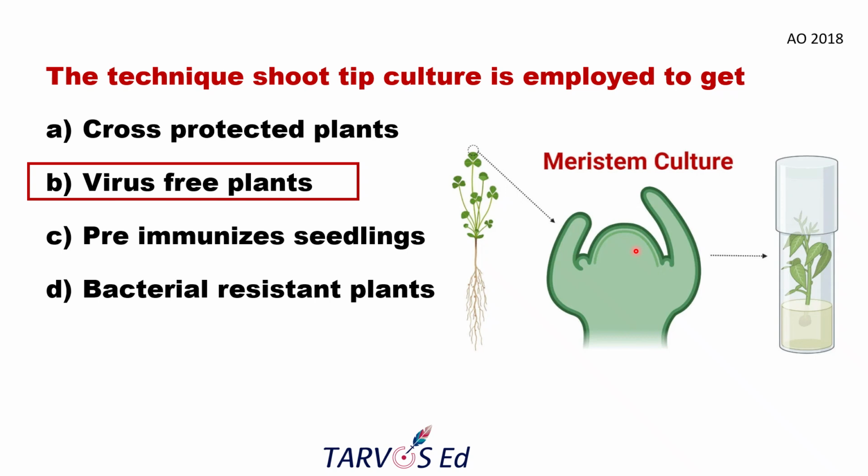And one more important reason is that there will be faster development at the meristem tip area. Based on all these reasons, there will be no or very little virus infection at the meristem tip or shoot tip area. So to get a virus free plant, scientists always choose the meristem tip so that they can culture it to get the callus, then mass multiply it using the tissue culture technique.